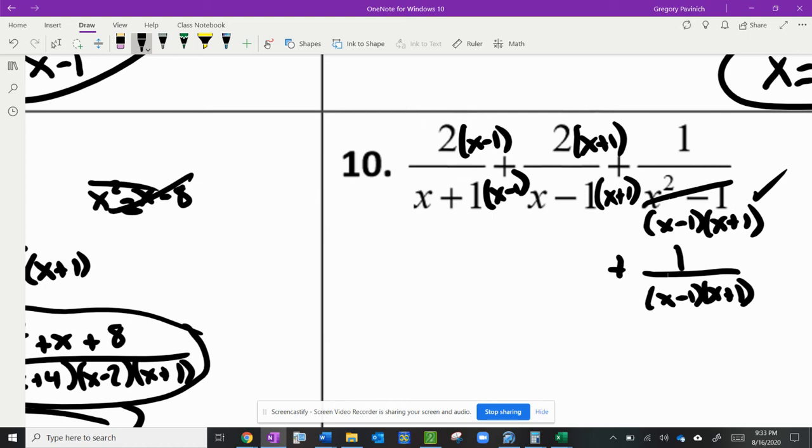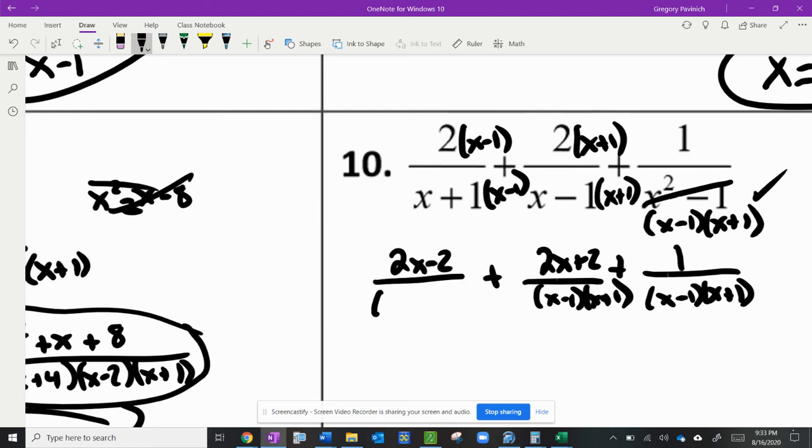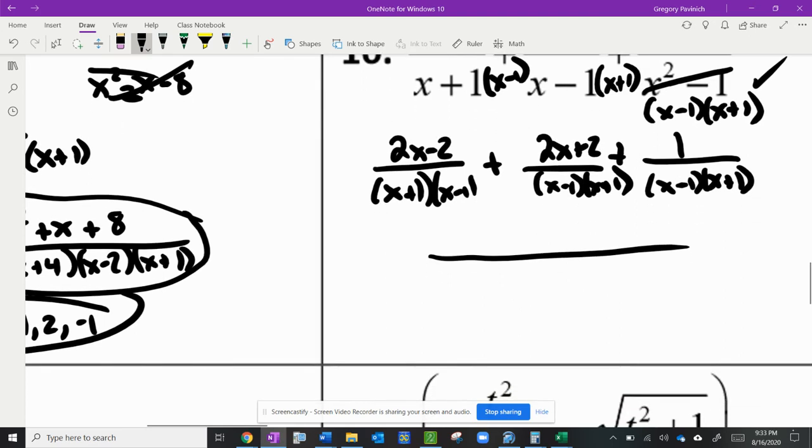So even though it has 3 terms, it's kind of an easy one. I'm going to go ahead and distribute. I get 2x plus 2 on this one. And no minuses, so we're good to just go 2x minus 2 minus 1.